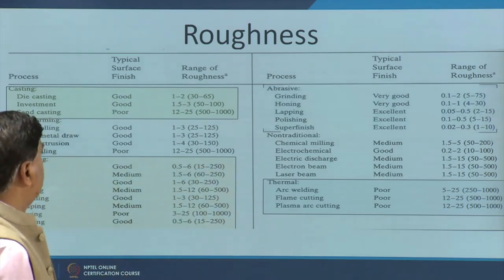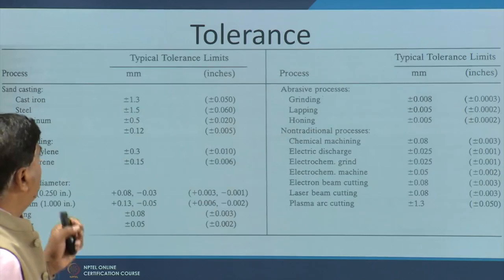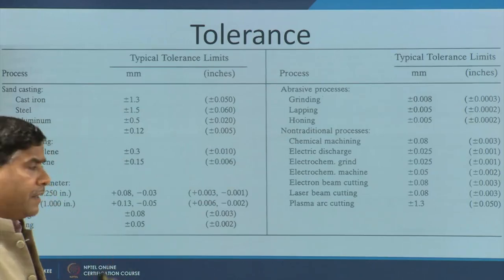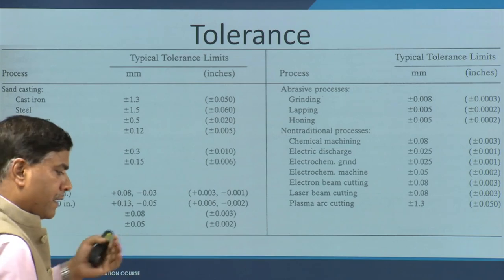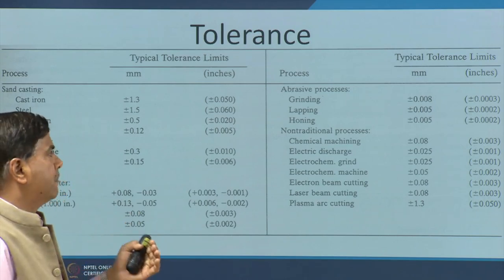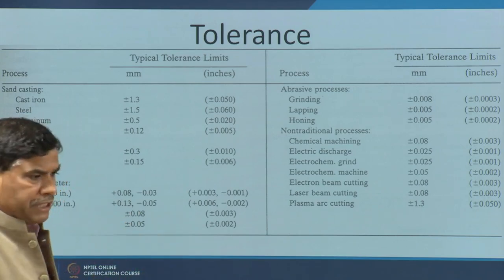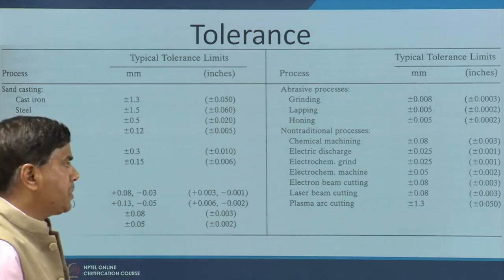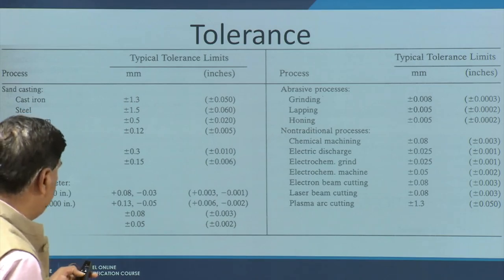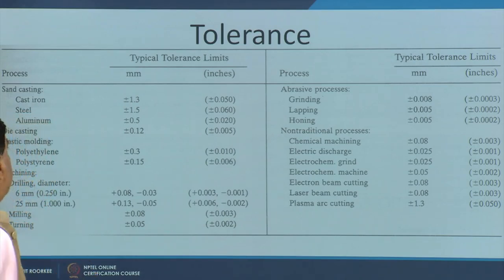Coming to another important characteristic related to manufacturing processes, which determines the kind of control over the dimensions which can be achieved through a particular manufacturing process.